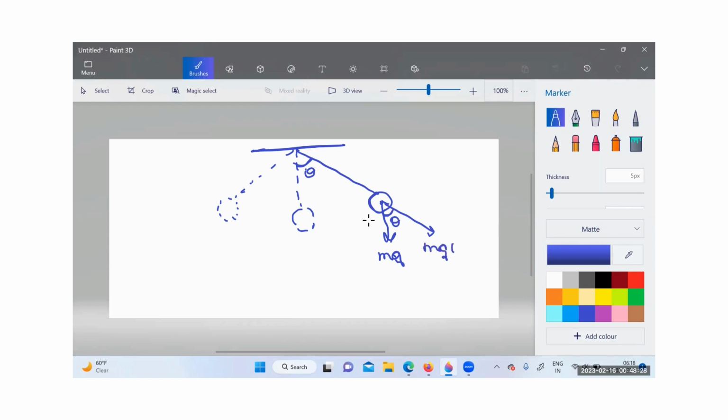So this would be mg cos theta, and this is the flow of the motion. And then this would be mg sin theta, correct? And since this is a string, there would also be a force which is due to tension. So this is how you draw a simple pendulum, right?